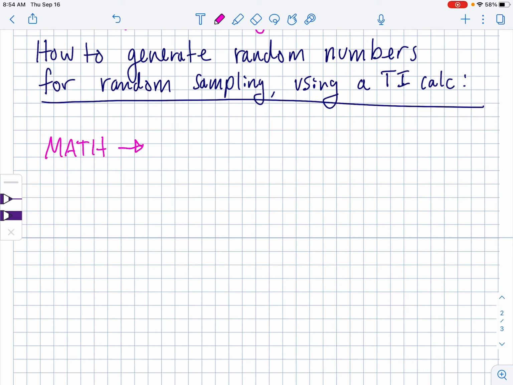You'll see 4 menus up at the top. Arrow over to the right until you get to PRB. This stands for probability. Then number 5 is randInt. If you hit enter on that, it's going to pop it onto your home screen.